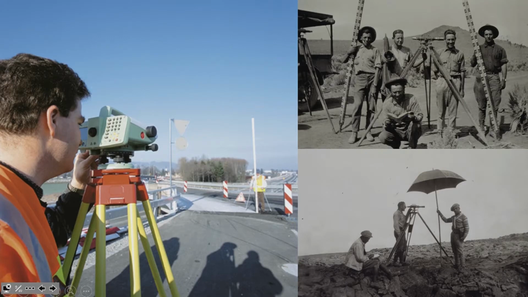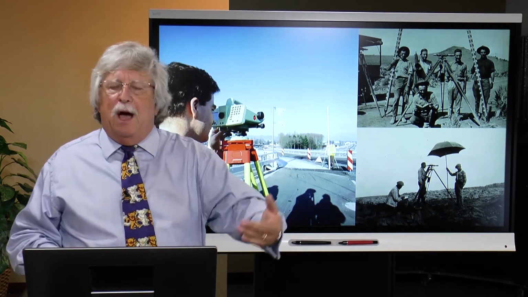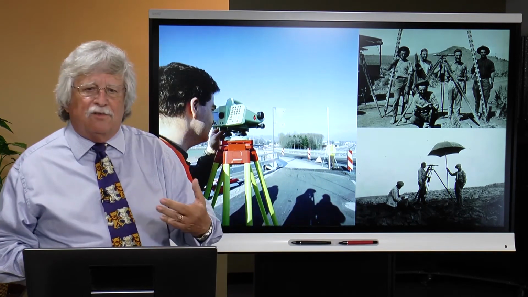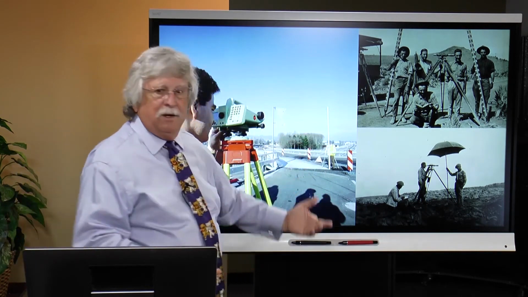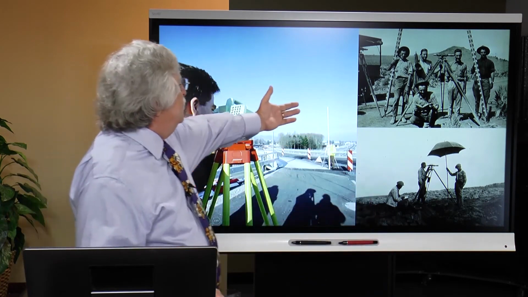It is still a terrestrial measurement system that has limited sight differential. And particularly in geodetic leveling, about the farthest you can go is going to be about 50 meters. So you can't make observations 100 meters or 200 or 300 meters. But the process of leveling, as you see from the pictures here, pretty much looks the same today as it did back in the 1920s or 30s.